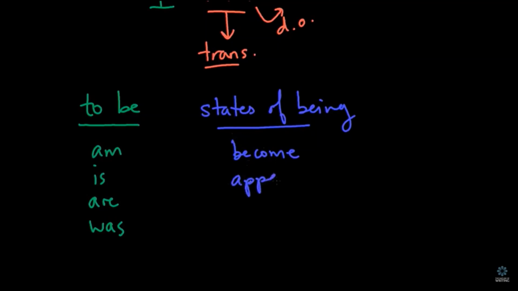You can have ones like I appear, I grow, I turn. If you say something like she turned rather sour, right? And sour is describing she. You can say also things like seem, and this is perhaps a slightly bigger category than to be in terms of the range of verbs that fit into it.